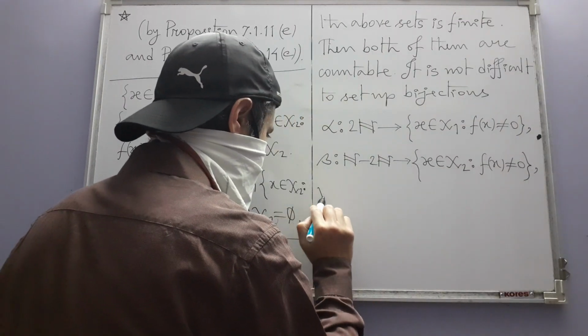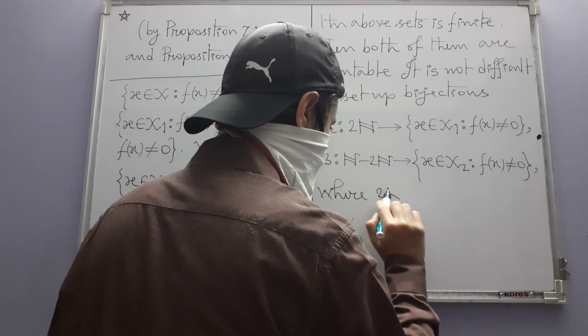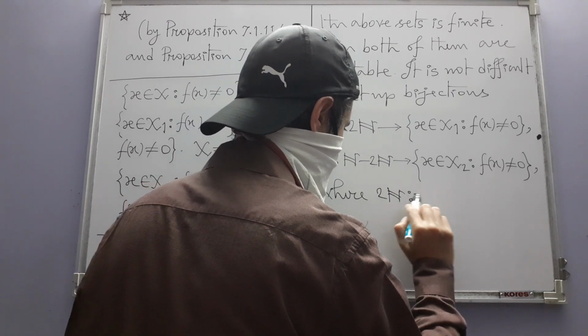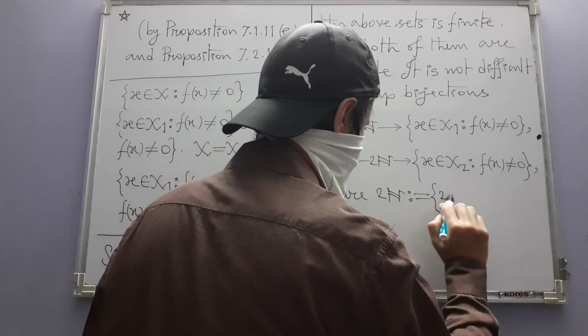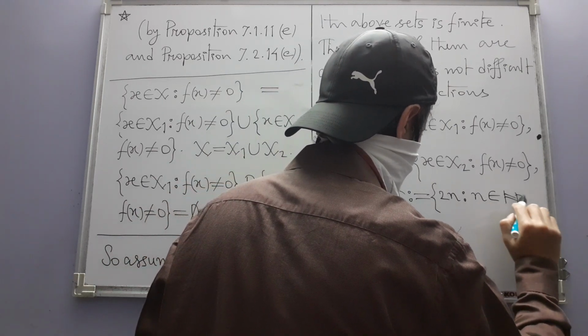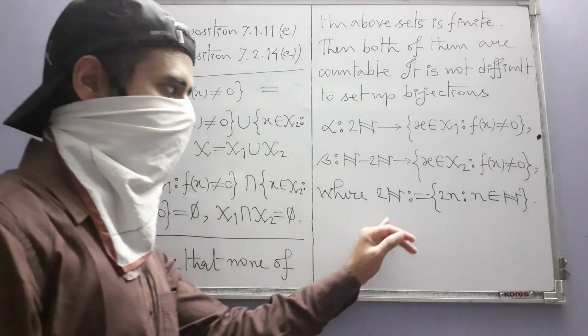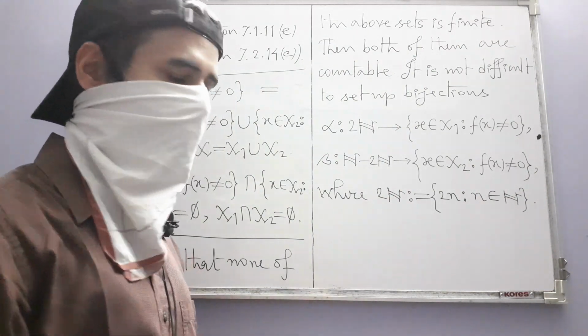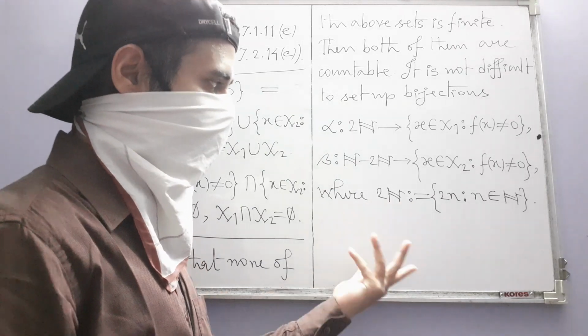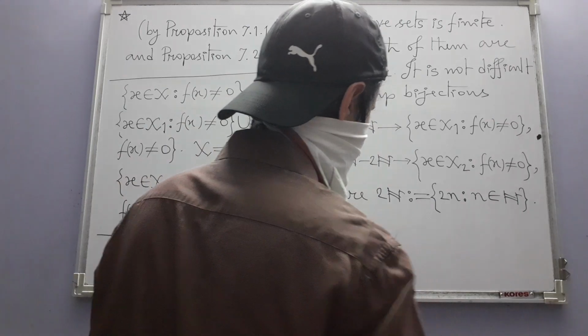And of course, let me complete it, 2N is the set of all even natural numbers. This is not a notation that I have made up, you can already find it in algebra.